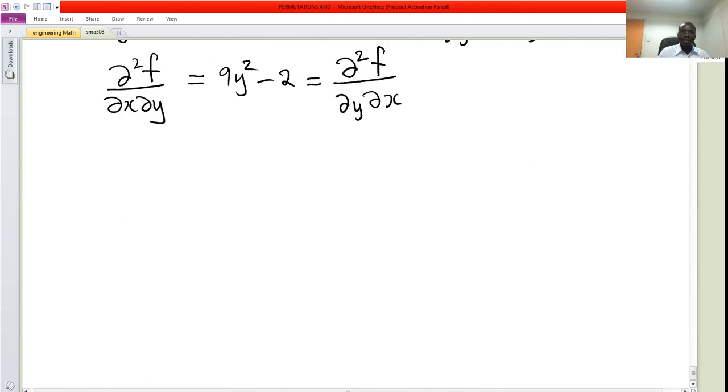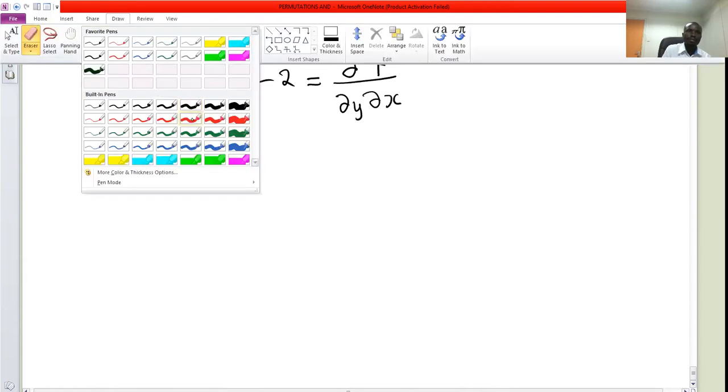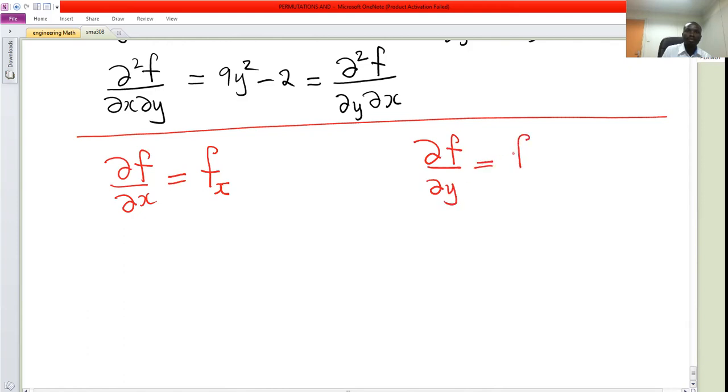And then just a summary on the second partial derivatives. On summary of writing partial derivatives, we write partial f partial x can as well be written as f, then you write sub x. And partial f partial y can also be written as f, and then you write sub y.